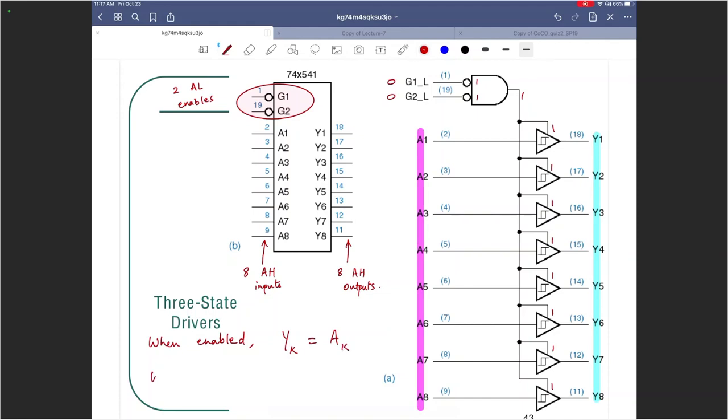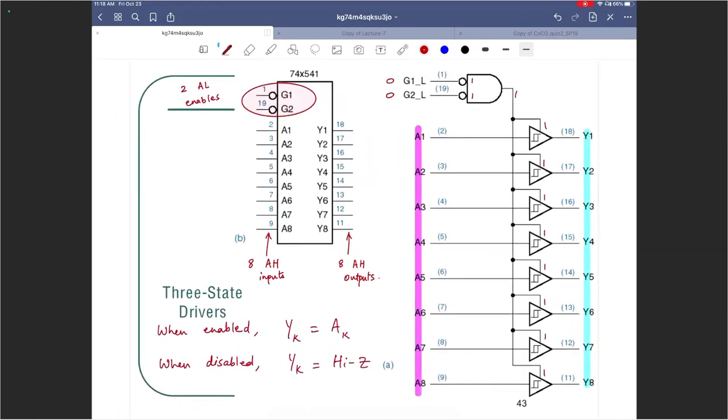When disabled, YK equals high impedance. So this is to buffer 8 bits of data at once.